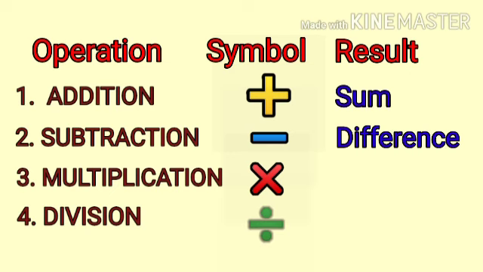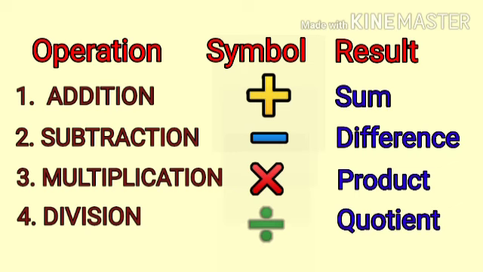Like that, the result of multiplication is called product. And finally, the result of division is called quotient. Is it clear, children?